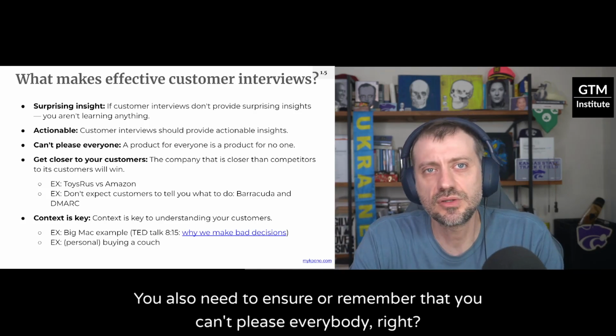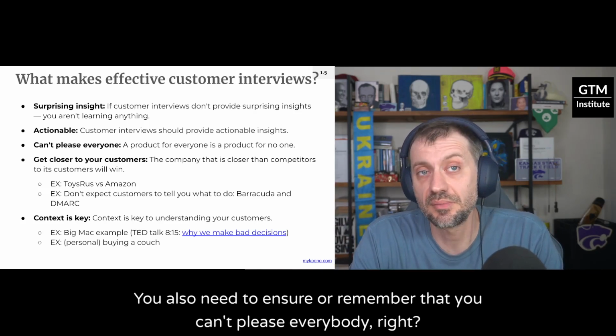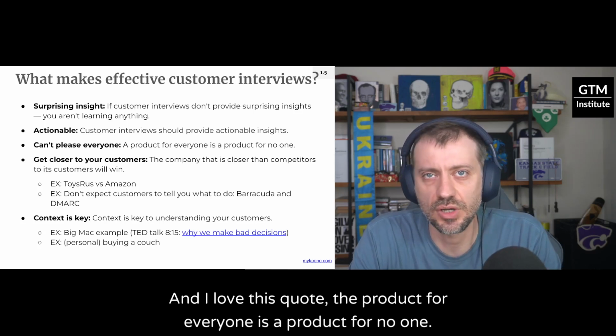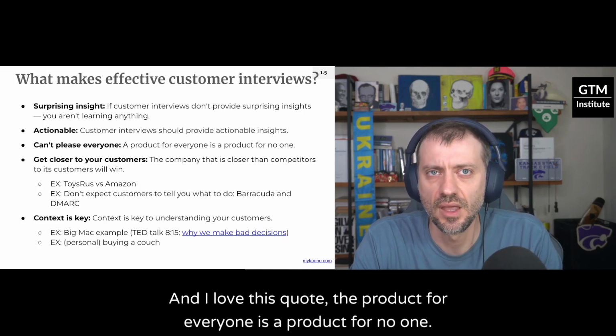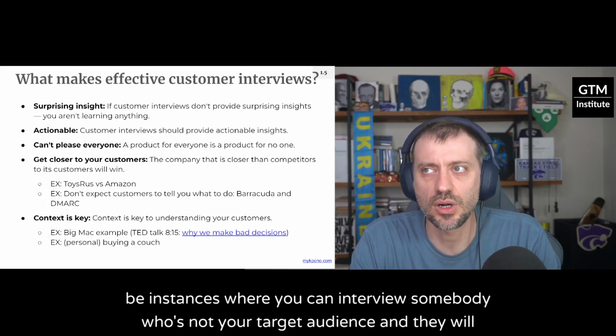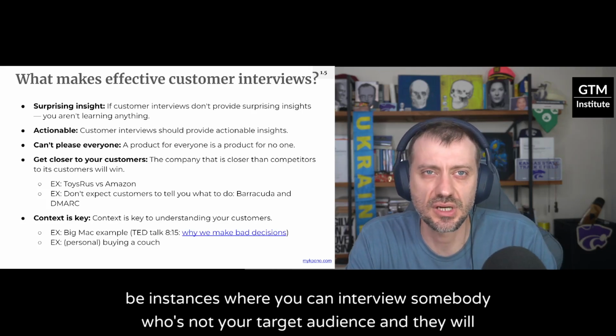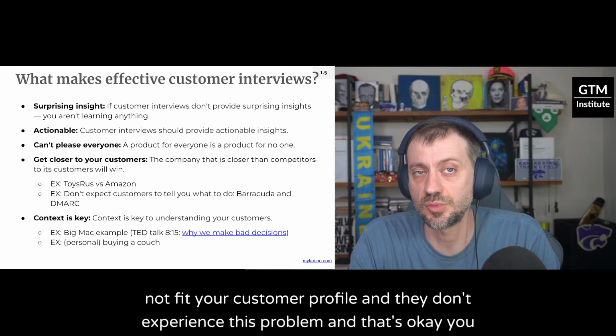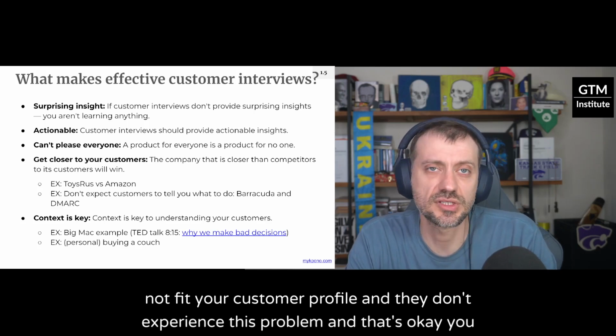You also need to remember that you can't please everybody, right? And I love this quote: a product for everyone is a product for no one. But it is important to know there will be instances where you interview somebody who's not your target audience, who doesn't fit your customer profile, and who doesn't experience this problem.